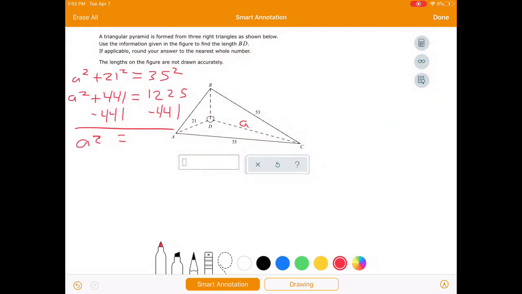One thing that I want to mention from earlier in the video, at this last point where we take the square root of 784, I recommended in the last video to leave it as a square root of 784 because later on we would be squaring it anyway. If you do have a perfect square, and the last problem was a perfect square, this one ends up being a perfect square as well.